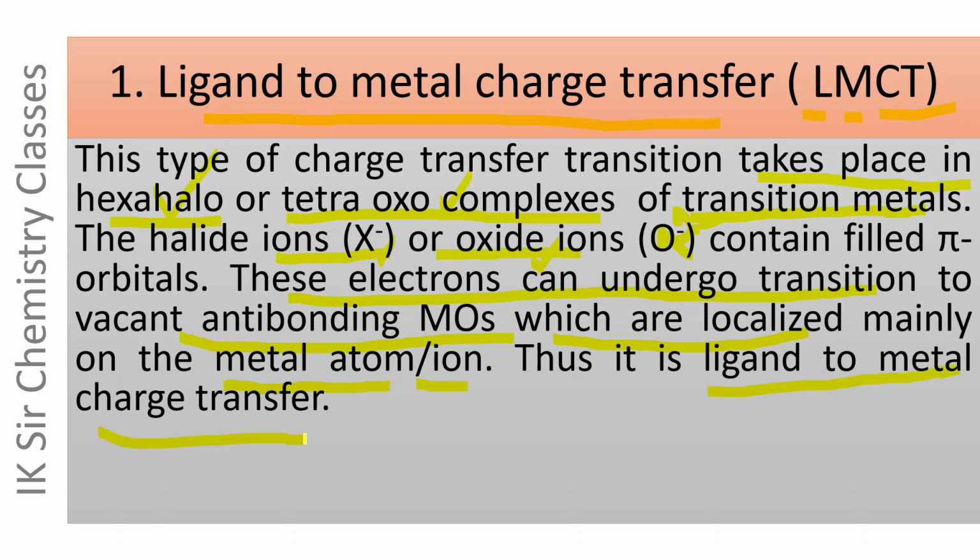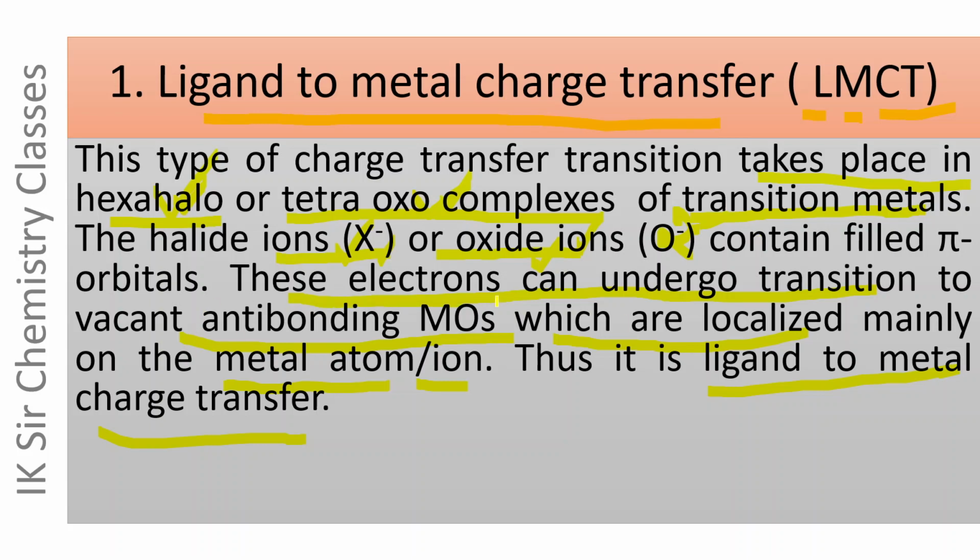Let us see it again. Ligand to metal charge transfer transition takes place in hexahalo or tetraoxo complexes of transition metals. Halide ion or oxide ion contains filled pi orbitals.